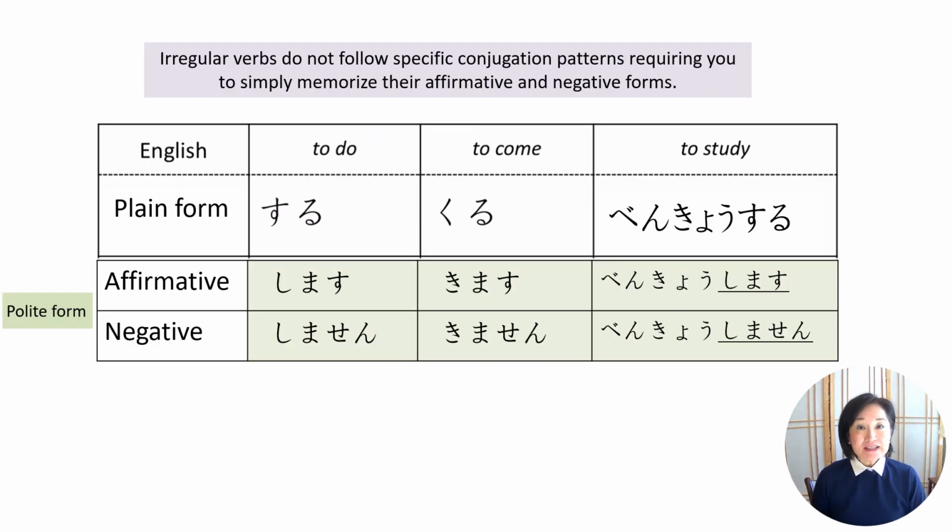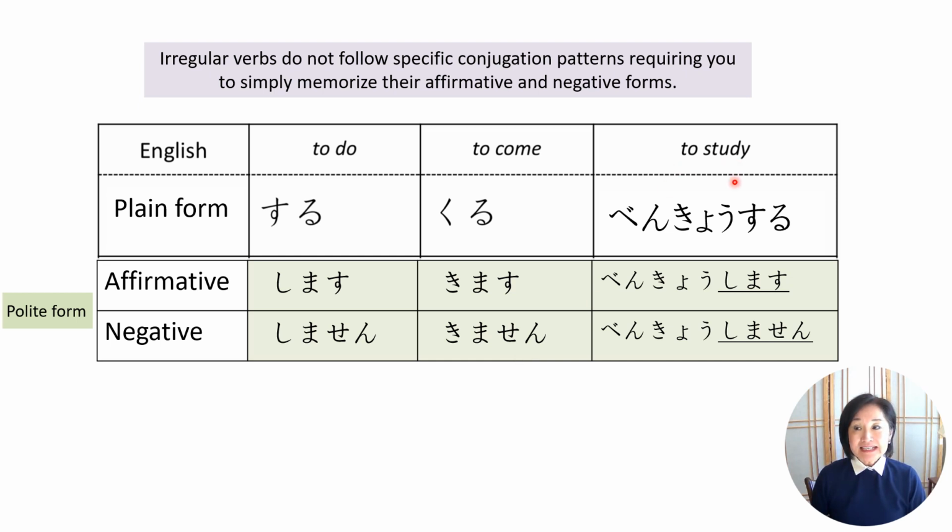Let's memorize irregular verb conjugations. So to do is, polite affirmative is します. Polite negative is しません. To come is 来る. Affirmative 来ます. Negative 来ません.